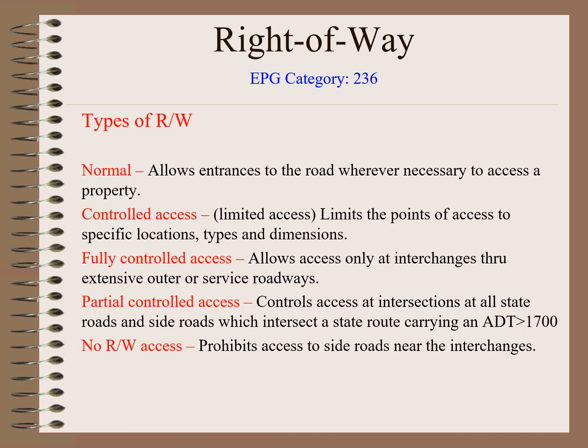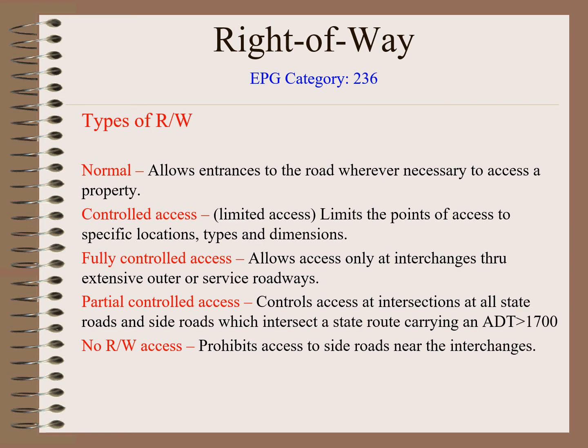The types of right-of-way that we have at MoDOT include the normal right-of-way. This is a type of right-of-way where we allow entrances to the road wherever necessary to access a property. All access still requires a permit that goes through the traffic division.